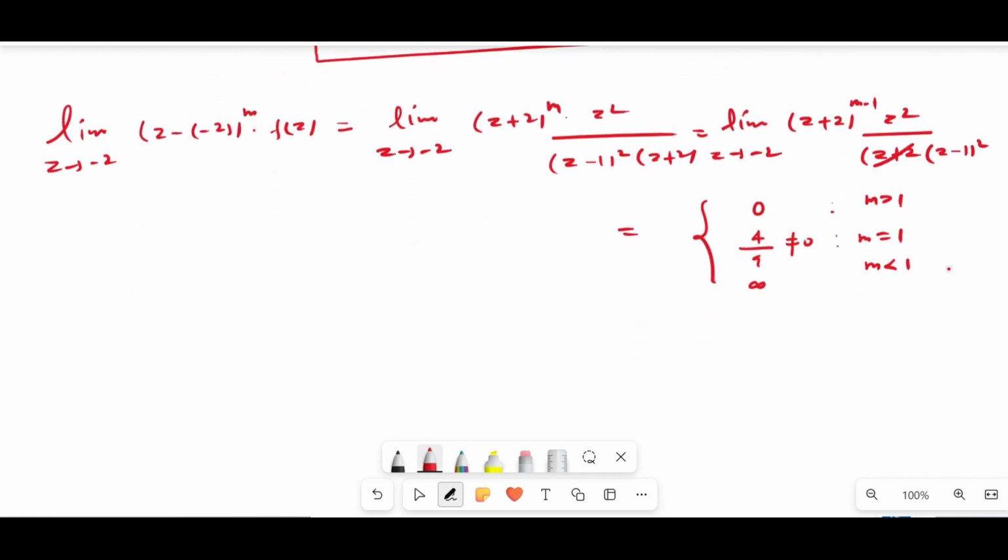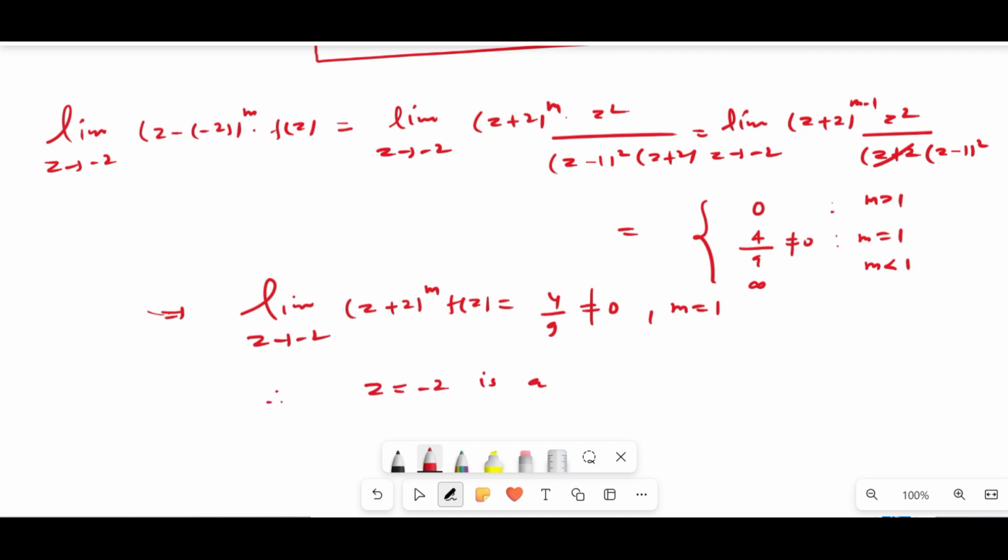So it implies that the limit z tending to minus 2, (z plus 2) to the power m times f of z is equal to 4 by 9, a non-zero quantity, for m equal to 1. Therefore we can say z equal to minus 2 is a pole of order 1, or we can say a simple pole.